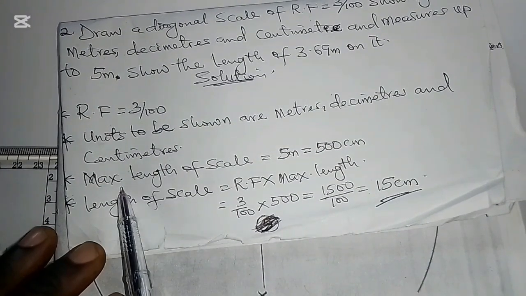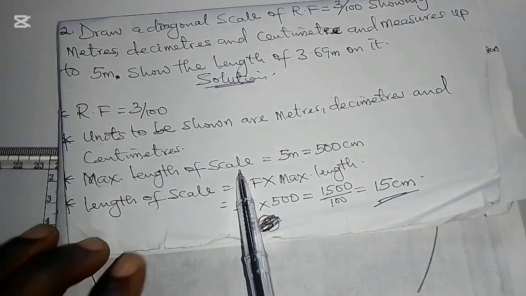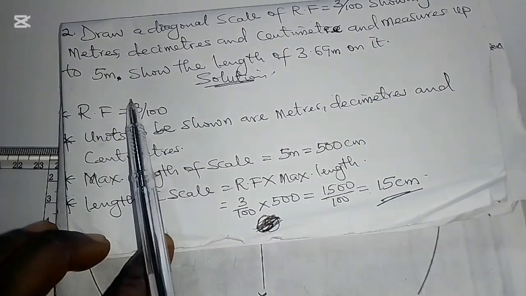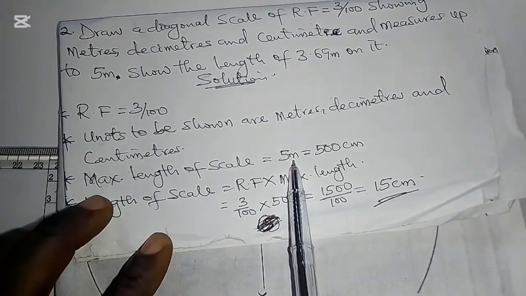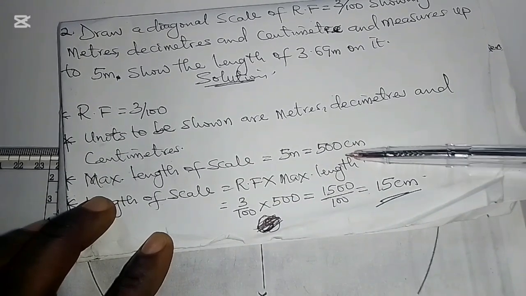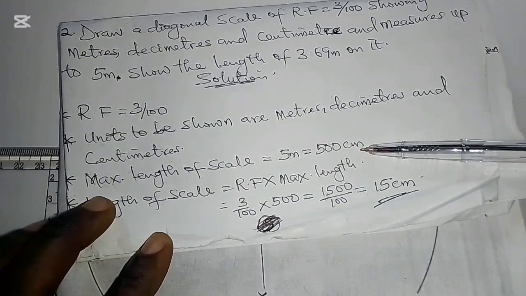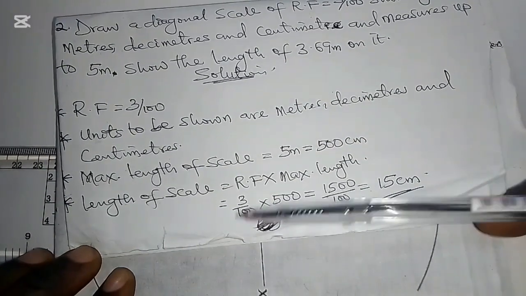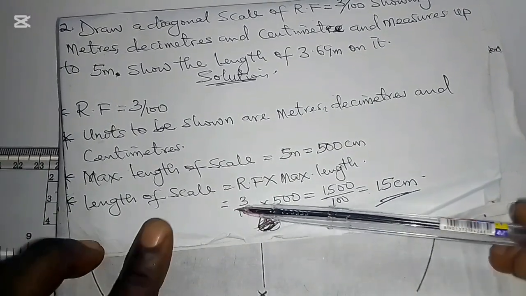The maximum length of scale, they said in the question the scale is to measure up to 5 meters, so the maximum length is 5 meters. Converting the 5 meters to centimeter, we have 500 centimeter. Don't forget 1 meter equals 100 centimeter. Now the length of scale, we need to calculate this.